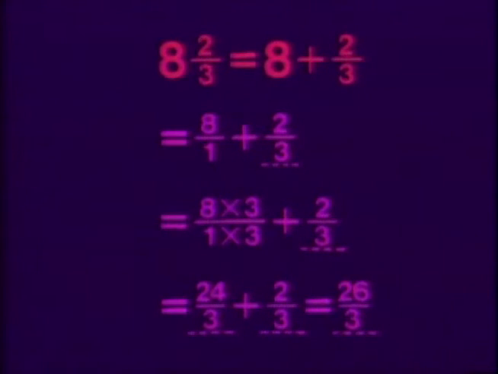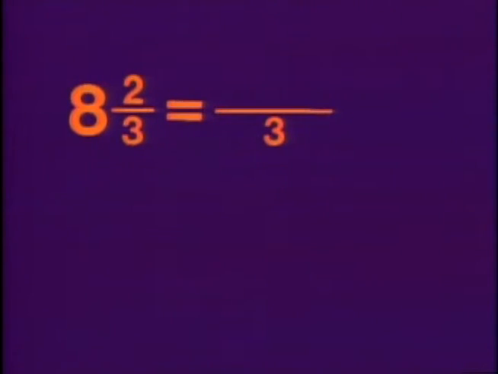Now that you have the general idea, it's time for a shortcut. We want to change, say, 8 2/3 to an improper fraction. This fraction will have a numerator and a denominator. The denominator is easy. It's the original denominator, 3. As for the numerator, we can get it in 2 short steps.